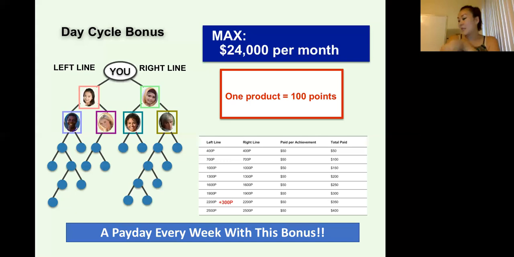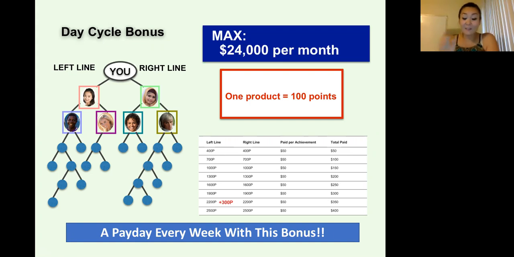Okay? So for example, today is September 11. So today we sign up people, or people are buying a product for this month. So for the whole month, it is calculated and accumulated, and then they add up on the Friday of this month. And let's see.